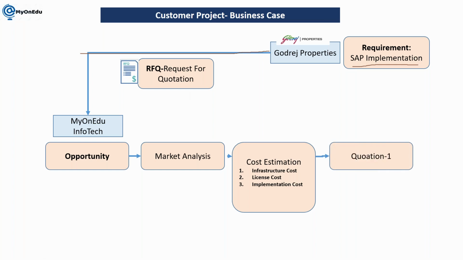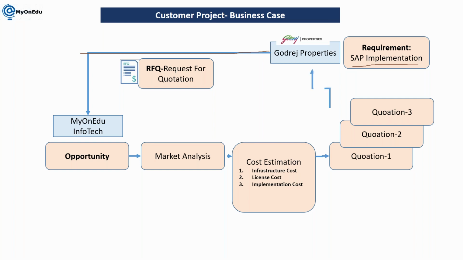Then we'll send a quotation, and we can create multiple quotations. We'll submit the quotations, and if any change is required, we'll alter it, update it, and send it to the customer. Once it is finalized, let's say the contract is awarded to us. Once awarded, we will get a LOI, letter of intent.